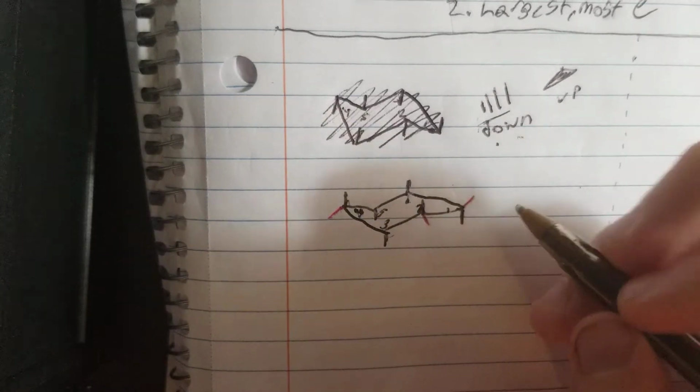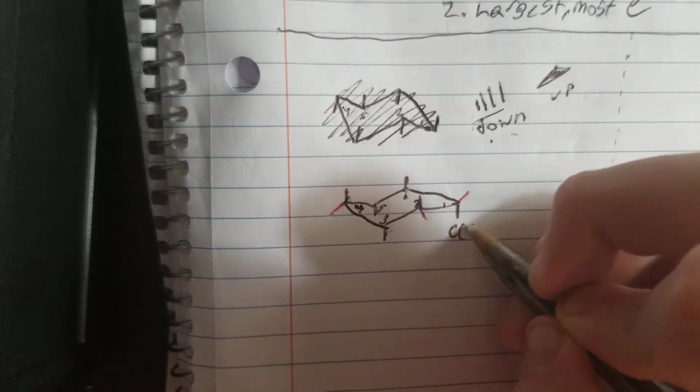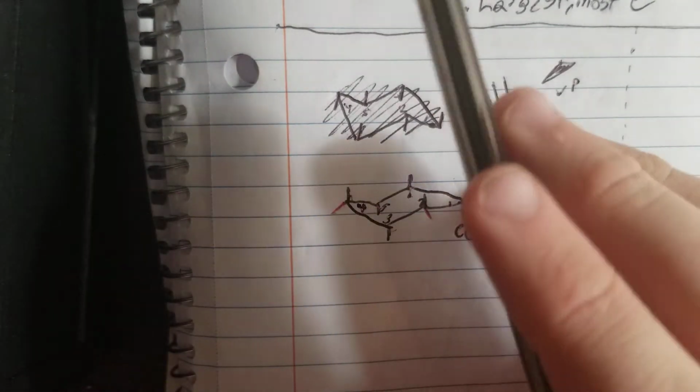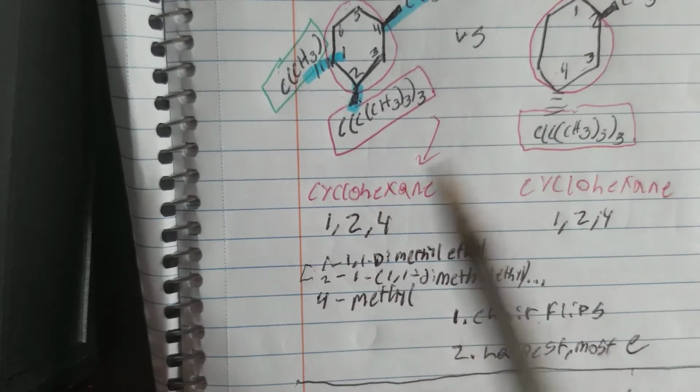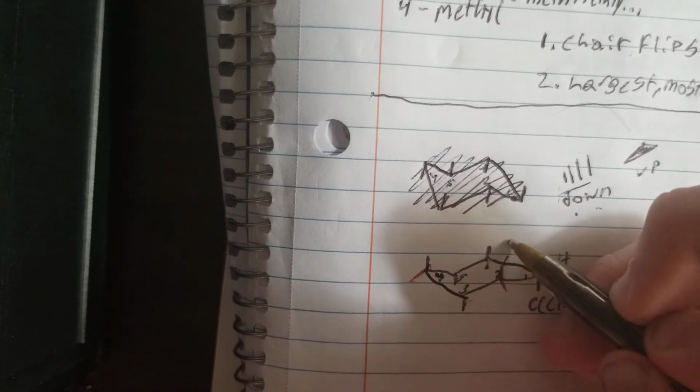So at 1 we saw that we have a dash which is going down, so we'll have CH3. And then this will just be a hydrogen. At 2 we saw a wedge, and so going up, we'll have the CH3.